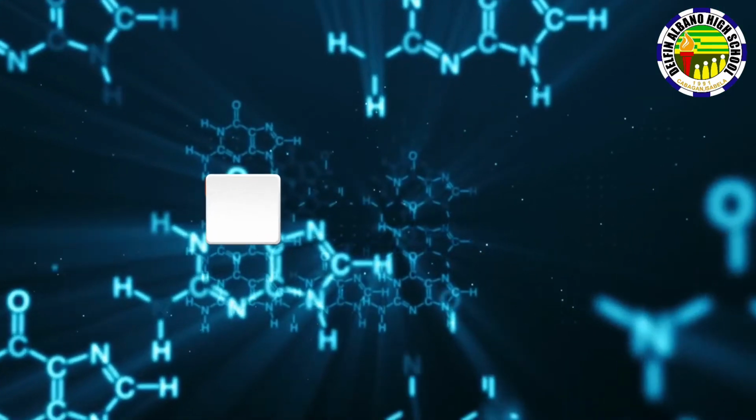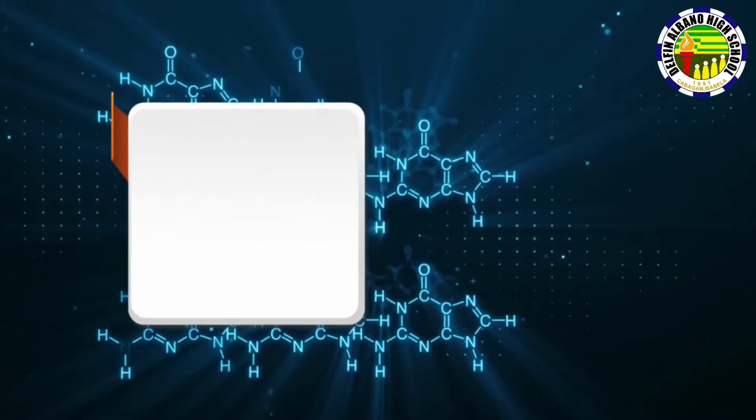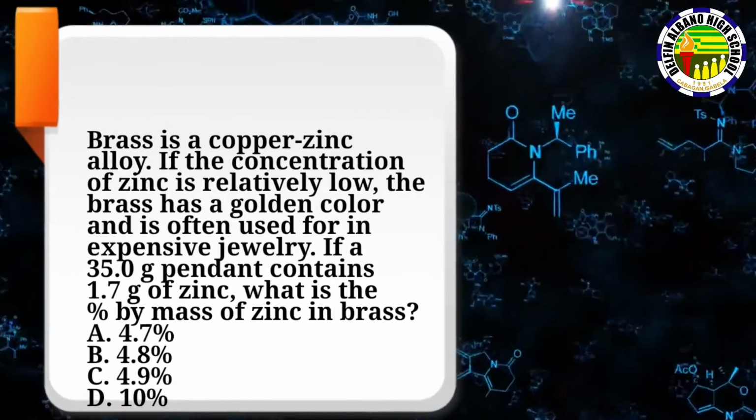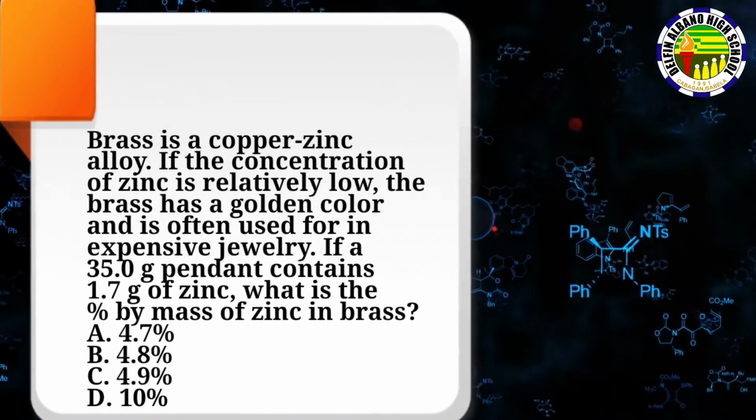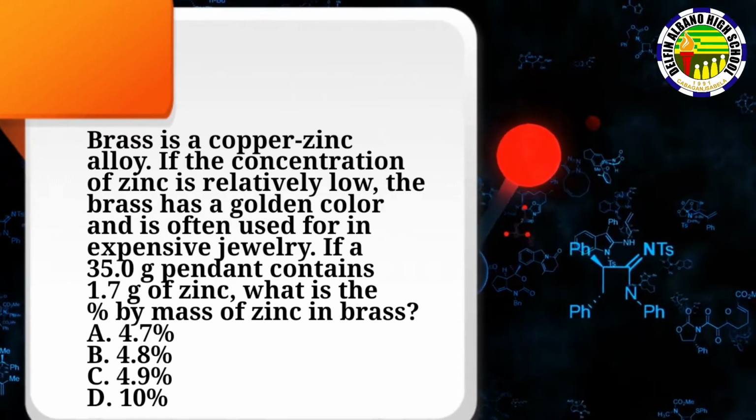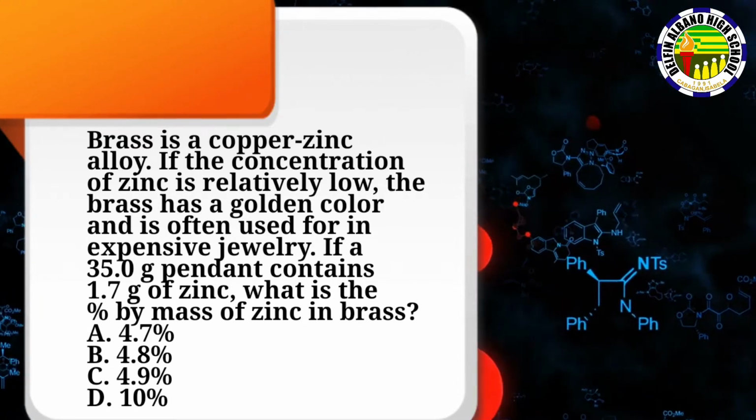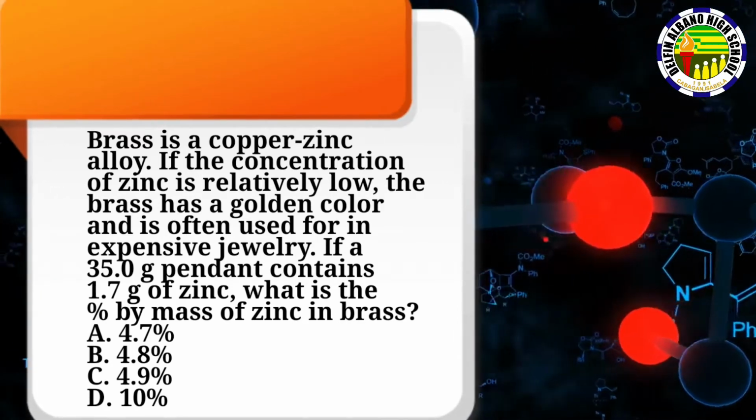Number 5. Brass is a copper-zinc alloy. If the concentration of zinc is relatively low, the brass has a golden color and is often used for inexpensive jewelry.